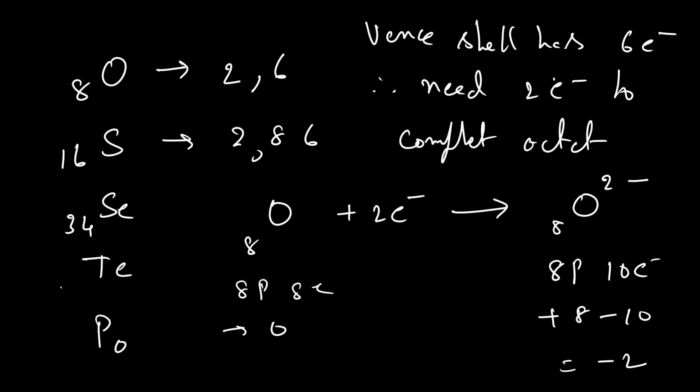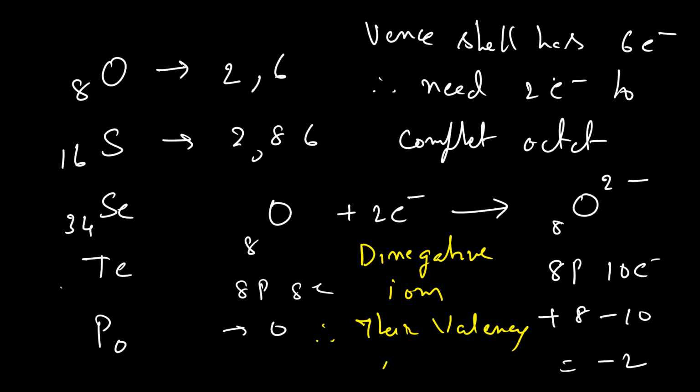Therefore, when oxygen family elements take 2 electrons, they become di-negative ions. Therefore, their valency is minus 2. Their valency being minus 2 means they attract 2 electrons and gain 2 units of negative charge.